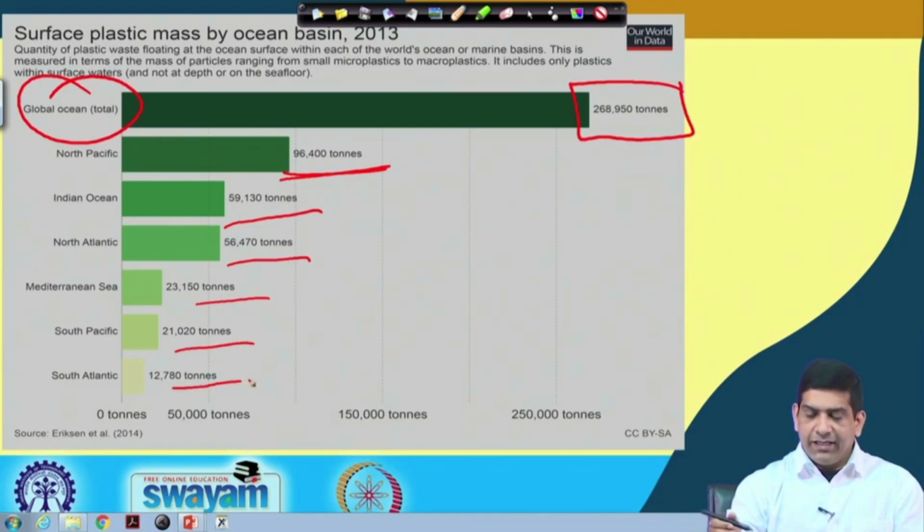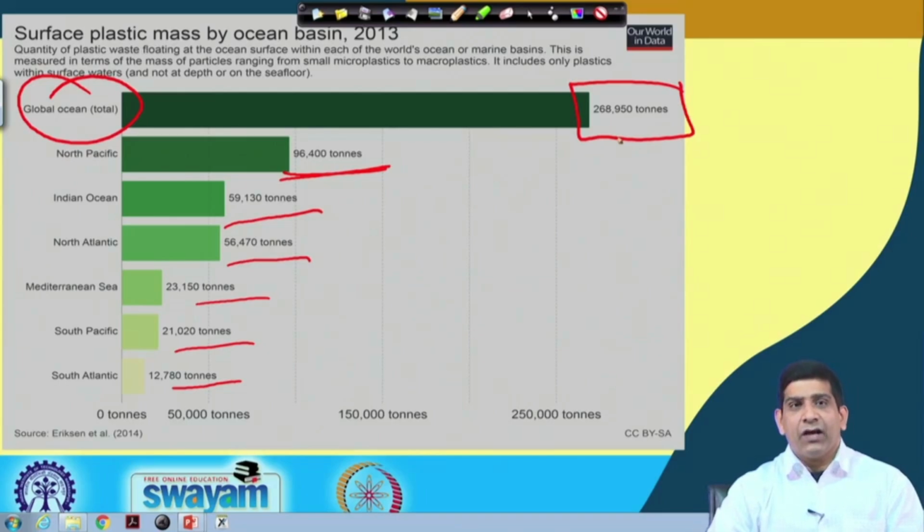So there was close to 300,000 tons of plastic debris floating in the ocean per a study reported in 2014, done in 2013, which was nearly 5 to 6 years ago.